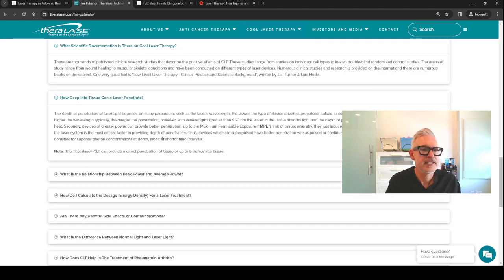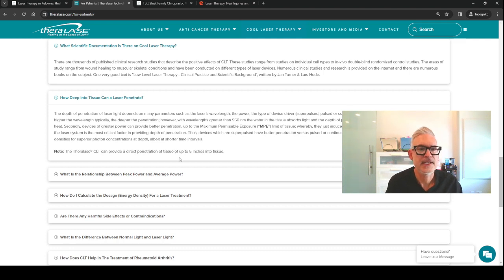The next question in the frequently asked questions is, how deep into the tissue can laser penetrate? There was a very good diagram on the website showing two different types of wavelengths. There's a 900 nanometer and a 600 nanometer, and they penetrate from superficially all the way down deep, up to 5 inches deep into the body.